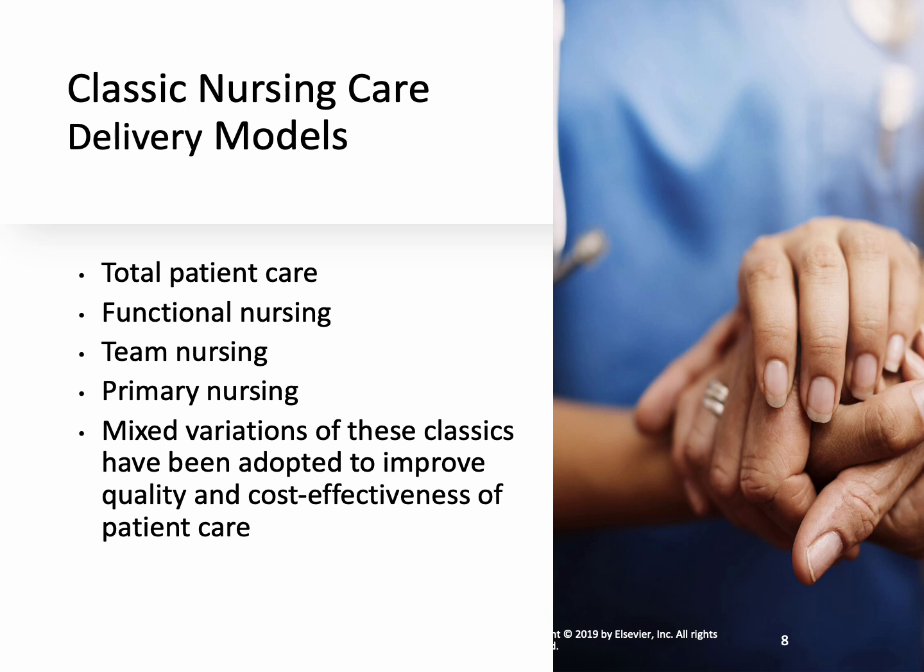Primary nursing is when one nurse manages the patient's care plan throughout their stay. These models have been adopted to enhance both the quality and cost effectiveness of patient care.